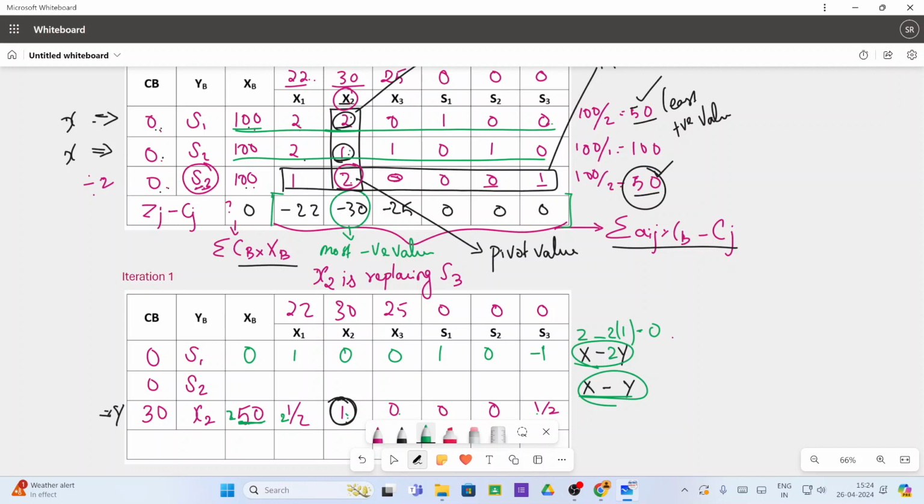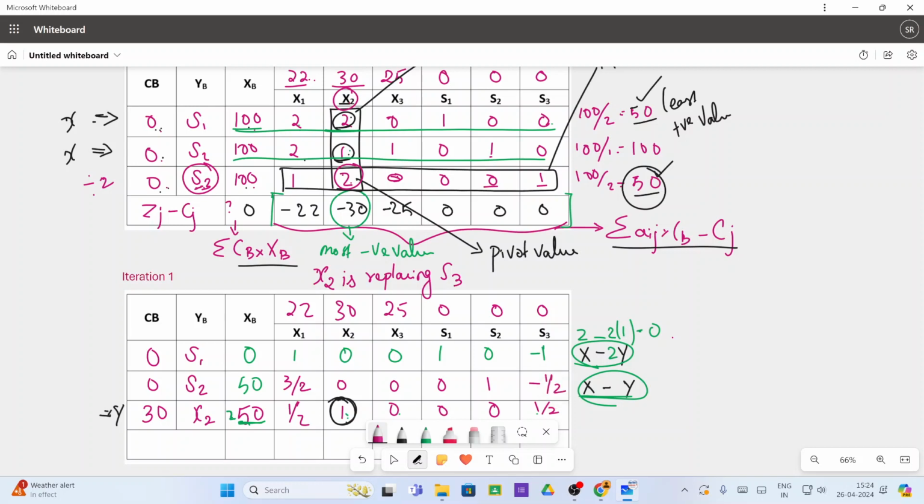And if you try for the second equation, it is going to be 100 minus 50, which is 50. And the second one, 2 minus half, so it is going to be 3 by 2, and this value is going to be 0. 1 minus 0 is 1, 0 minus 0 is 0, and 0 minus half is minus half.